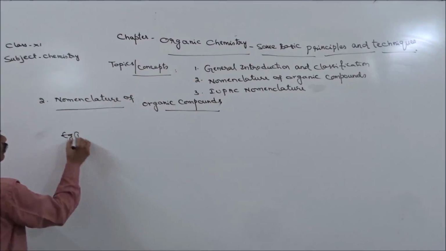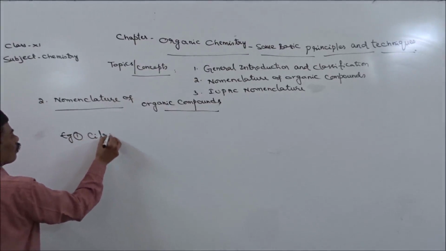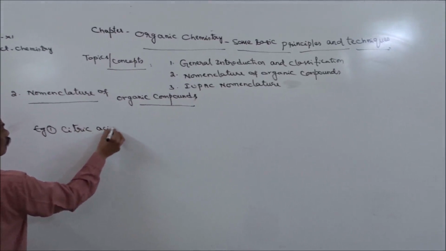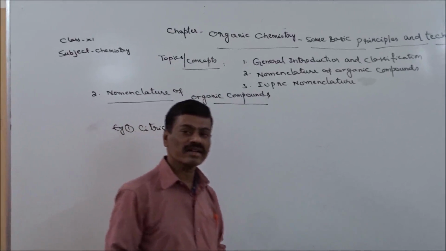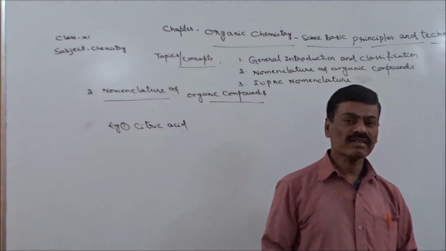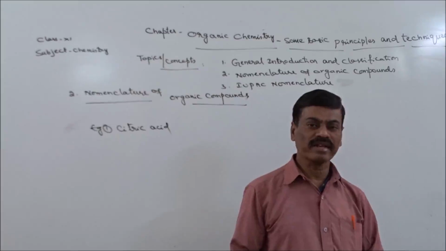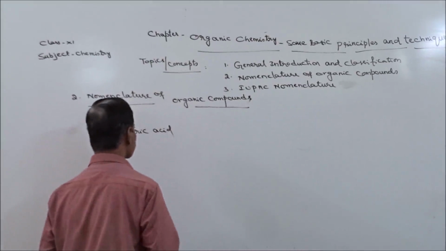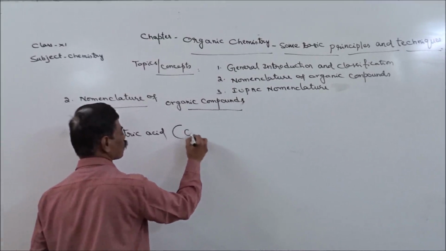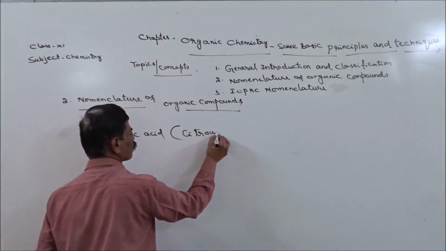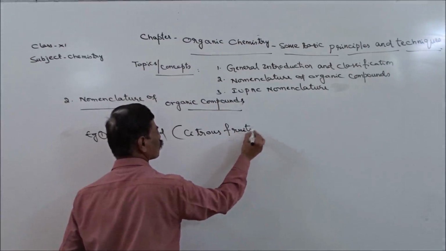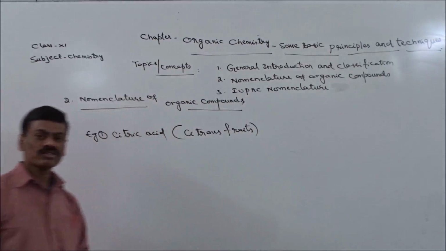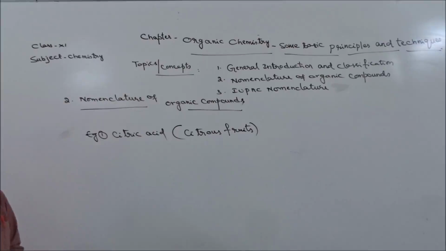Example 1, citric acid. Citric acid is nothing but one organic compound, and this organic compound is obtained from citrus fruits, sour fruits. Right, this is one example.